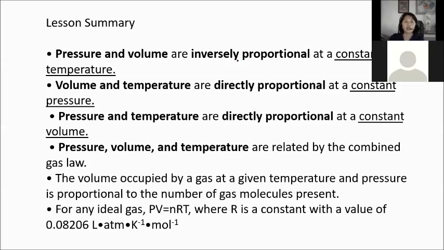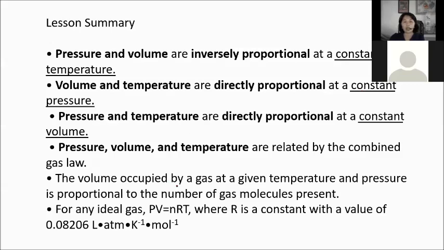Pressure and volume are inversely proportional at constant temperature. Volume and temperature are directly proportional at constant pressure. Pressure and temperature are directly proportional at constant volume. Pressure, volume, temperature are related by the combined gas law.